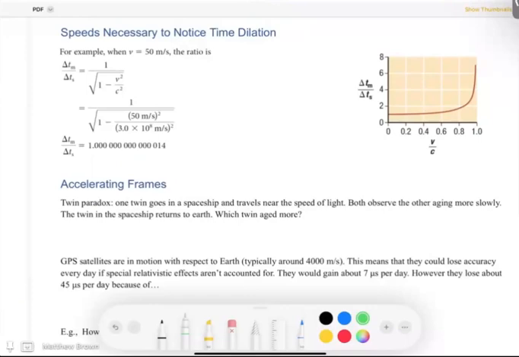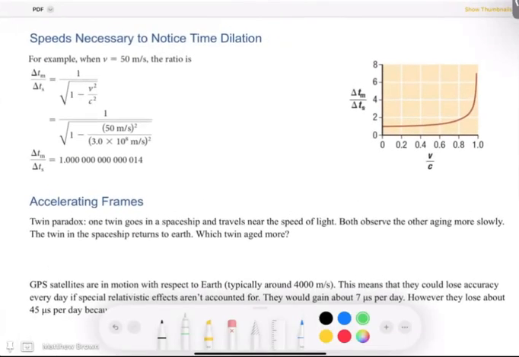Now, we'll look at how you sort of square that circle in a bit, but one thing to note here, the speeds necessary to notice time dilation, because this might seem a little inconsistent with your everyday experience. So if you take a speed such as 50 meters per second, and you substitute that into this equation, you end up with this ratio of Tm to Ts, which, in other words, is how much longer this event seems to take for someone who sees you moving.